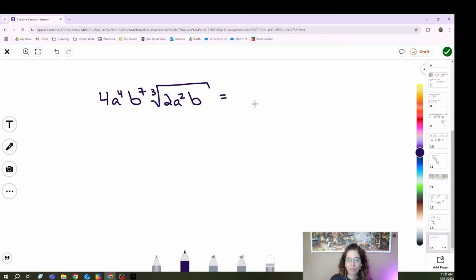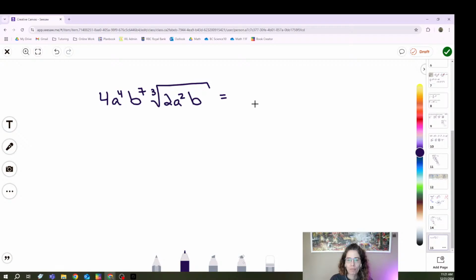Remember, we're splitting it into how many groups we have as our index of our radical. So there was 3 groups that came out, and I ended up with 4 of 3 groups. There would have been 12, right? And now that has to multiply into what was left over that didn't come out because it didn't have enough to come out. I needed 3, but I only had 2.